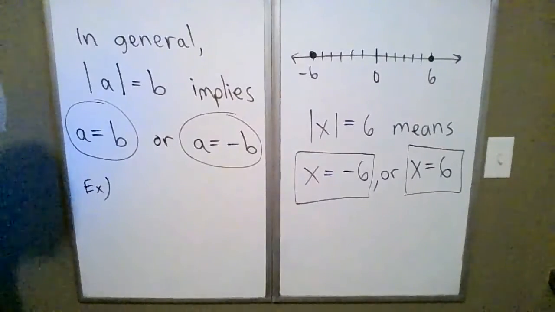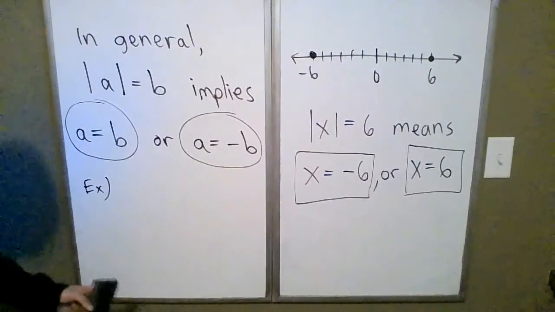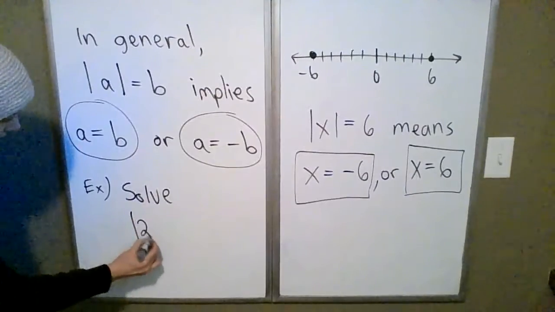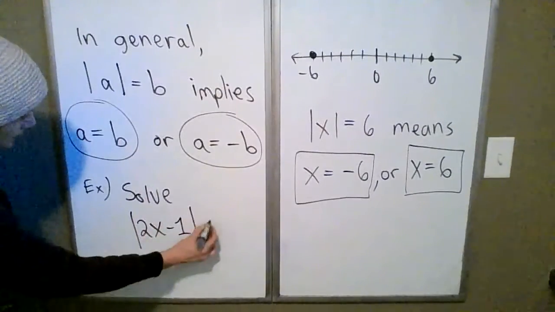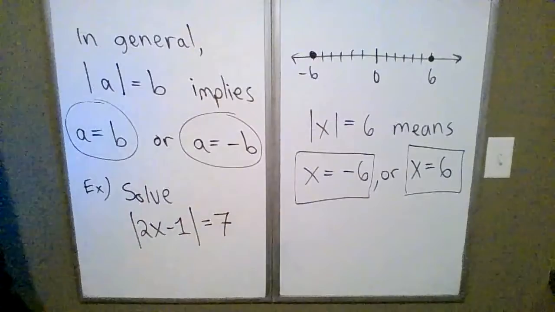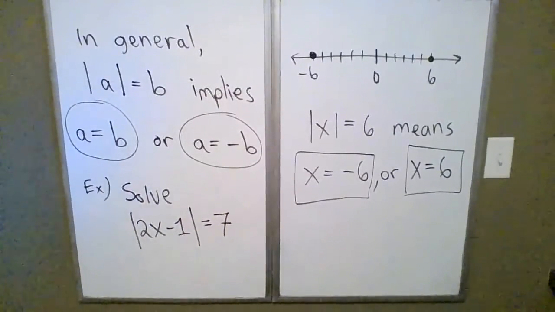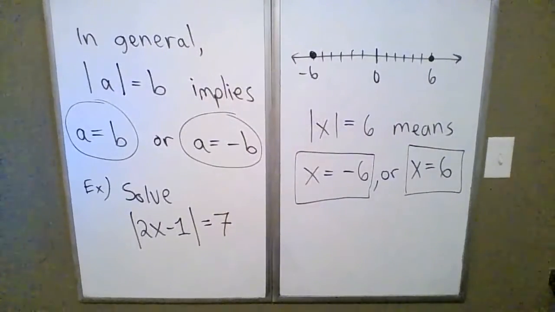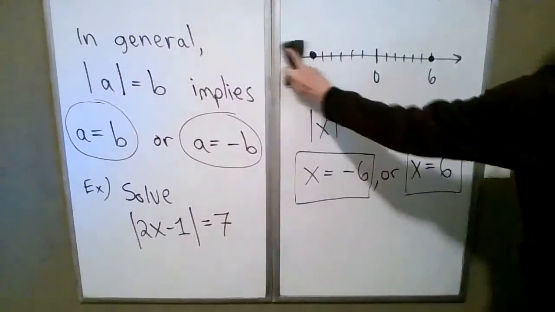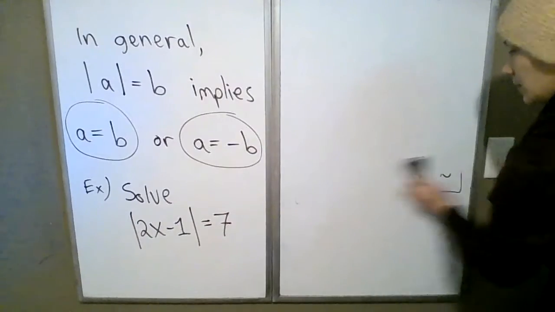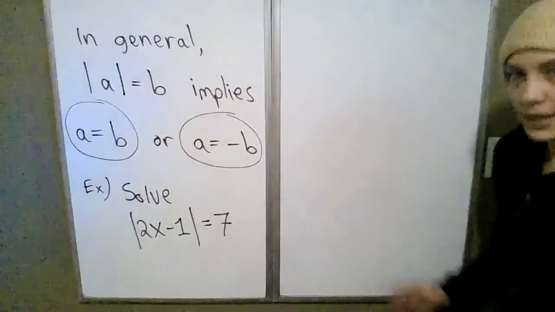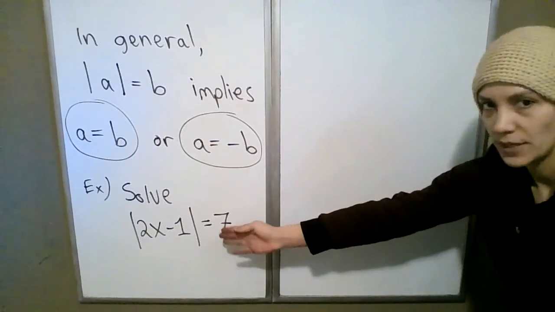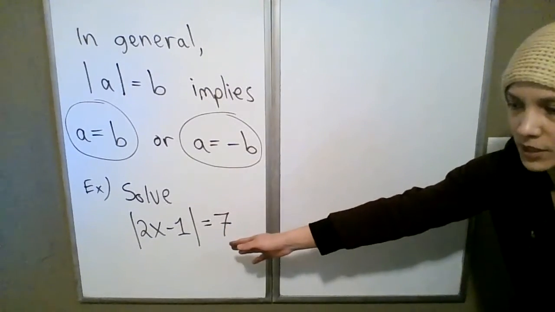Okay, we want to solve the absolute value of 2x minus 1 equal to 7. And I'll put some steps down in a moment, but the first step is to isolate the absolute value bars, which you have that already. Absolute value bars are on one side of the equation.